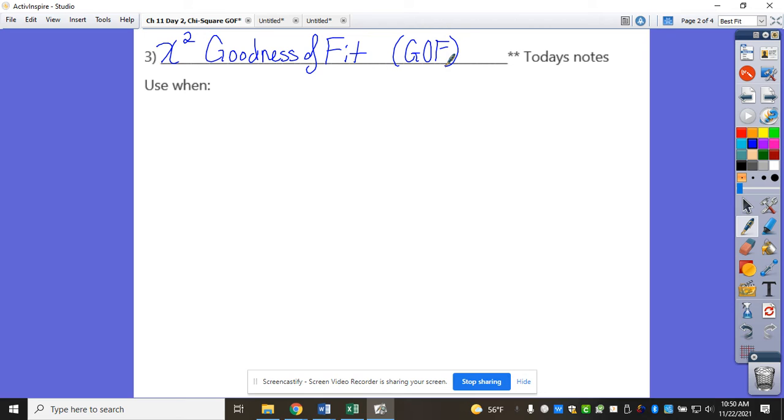Here we use it when we just take one variable with multiple categories or options. We have dealt with a lot of things where if we have one variable, it can only have two outcomes, which means it's binomial.